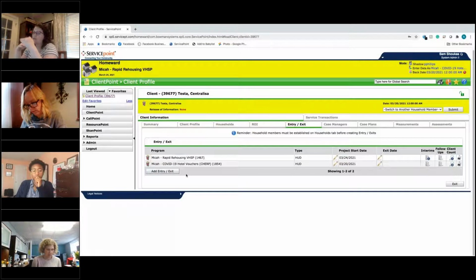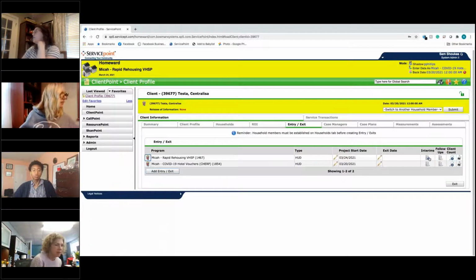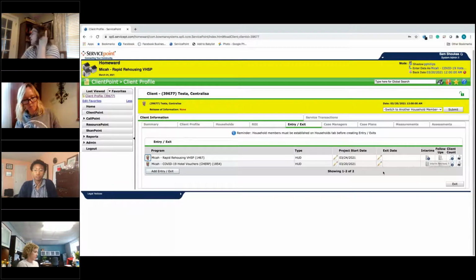You'll have your shelter and your rapid housing running simultaneously until they move in. And so if I put a move-in date for my rapid project, I should also see the same date probably for the shelter project. So they left the shelter project and moved into housing. Your housing move-in date is not their lease signing date.